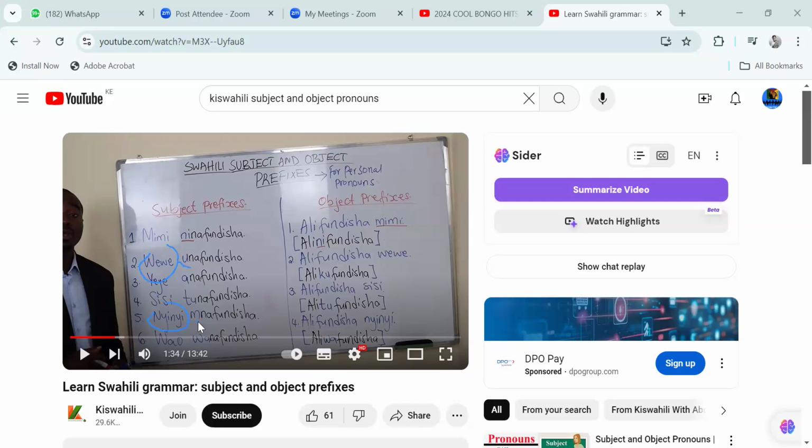Now, if you take it to the object side, it becomes alikufundisha. And its plural is alitufundisha. Aliwafundisha. That takes us back to now the reading in the book, if you can understand it.